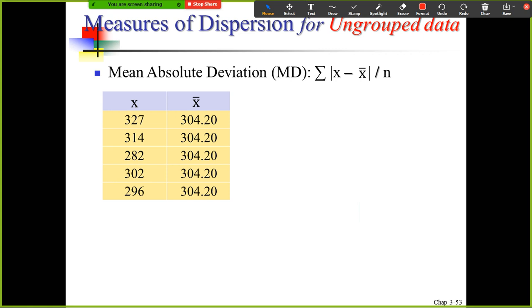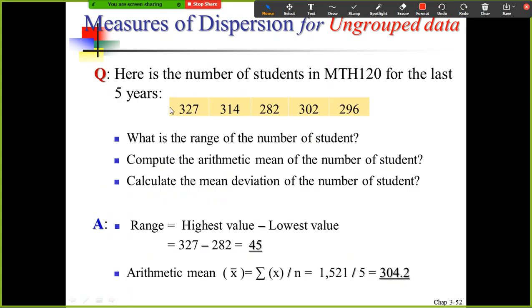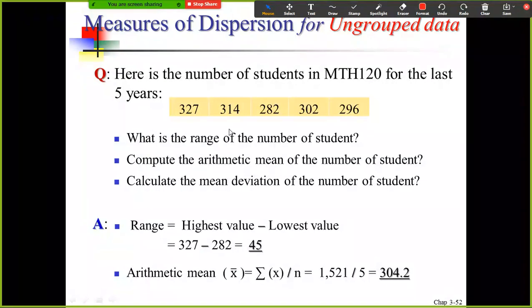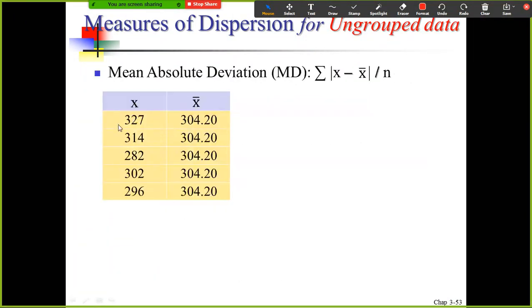Okay, in order to compute the mean deviation, or mean absolute deviation, we need to transfer here from horizontal to vertical. This is horizontal, this is vertical. This is the original data, and this is what we just found in terms of the arithmetic mean.